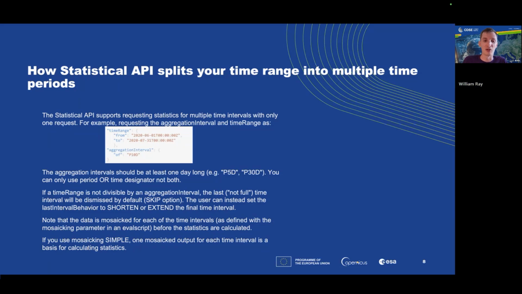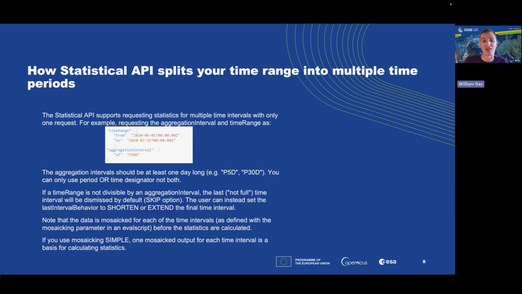So in this little example here, we've got a time range from the 1st of June 2020 to the 31st of July 2020. And we've set an aggregation interval of P10D, which refers to the number of days. So in this instance, what we want to do is retrieve one data point every 10 days.